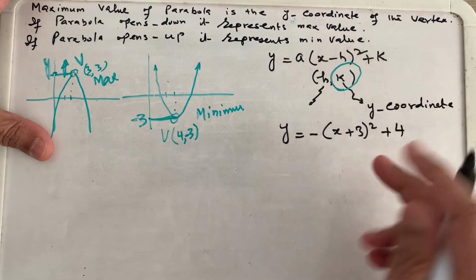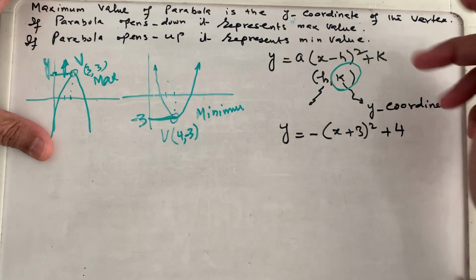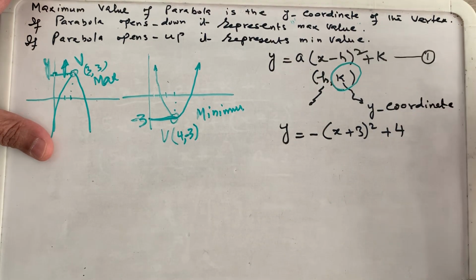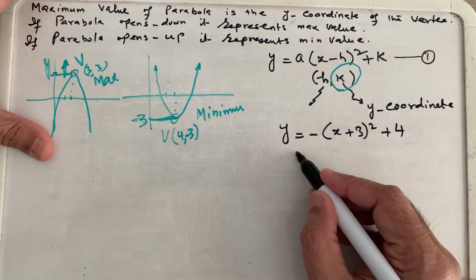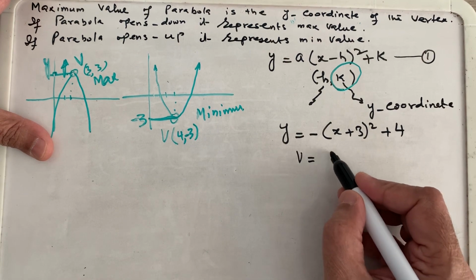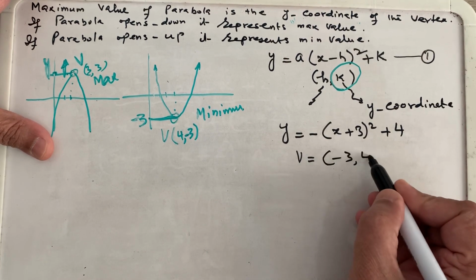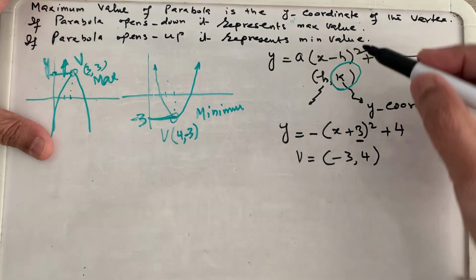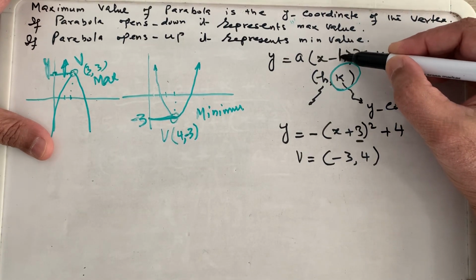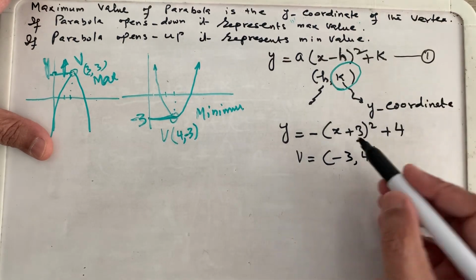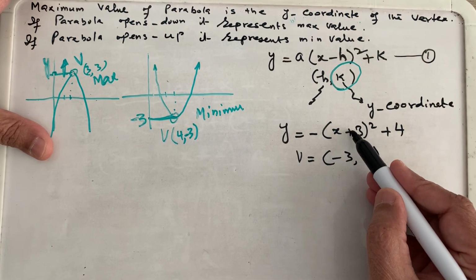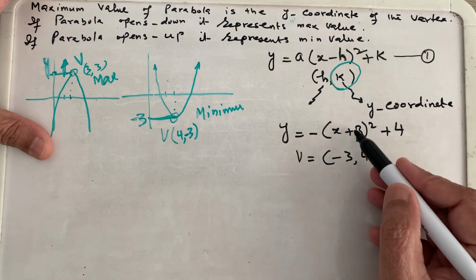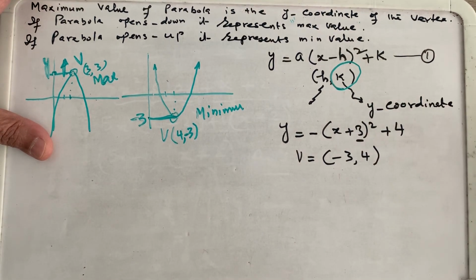We have to compare it with our base equation, and then we find that my vertex is (minus 3, 4). You have to be careful, because here it is x minus h, so when it is plus, it will be the opposite. If it is minus, then h is the number as it appears.